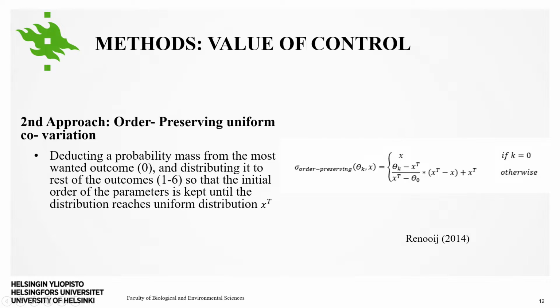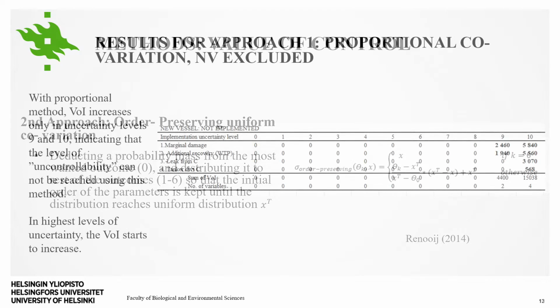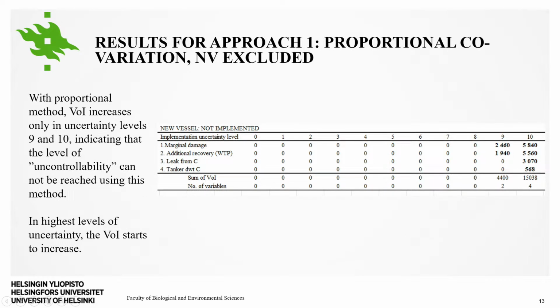And for both approaches, the proportional and the uniform, first only for the alarm system, without the other policy option, which is the vessel, in the analysis, and then having both of the decisions in the analysis as well. So this is the value of information result for the first approach, the proportional covariation method, without the possibility to observe the new vessel in the analysis.